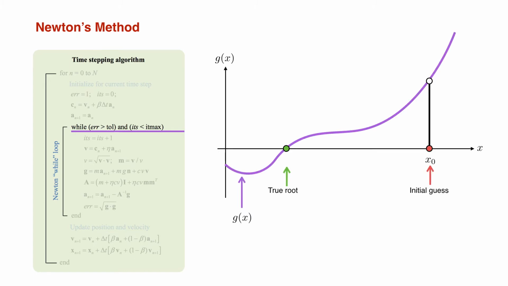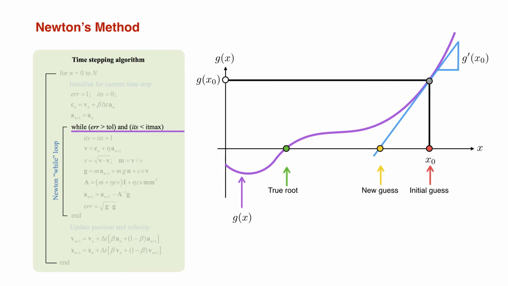So if we just take a step back and look at exactly what Newton's method is, we have this function g of x with some true root in green and some initial guess in red. And we know the function evaluated at g of x naught. We can calculate the slope at that point, g prime of x naught.